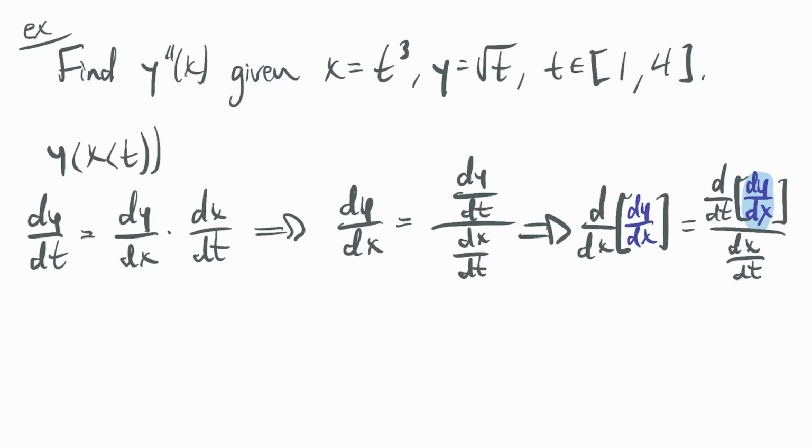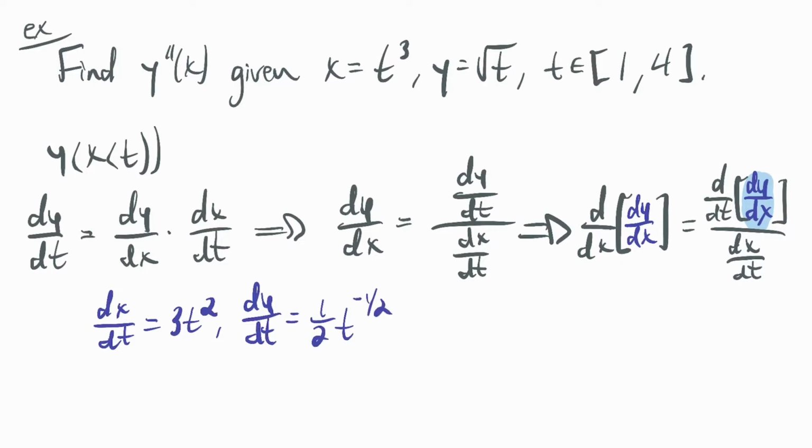So in order to find the second derivative, we need to find the first derivative and then apply this to it. So I'm going to need, of course, dx/dt and dy/dt. So dx/dt will be 3t squared. dy/dt will be 1/2 t to the negative 1/2 power.